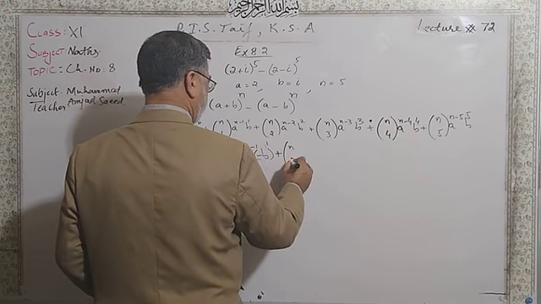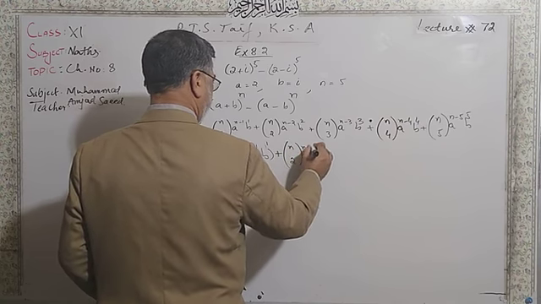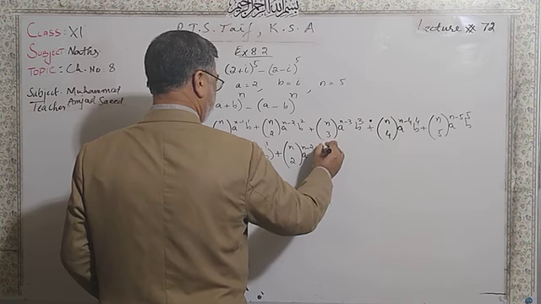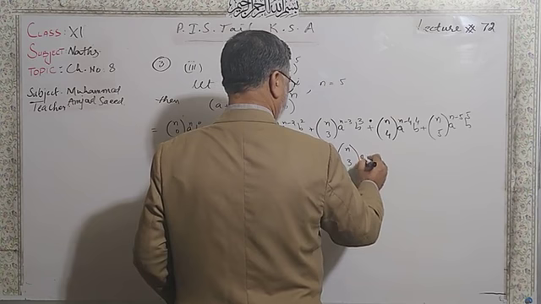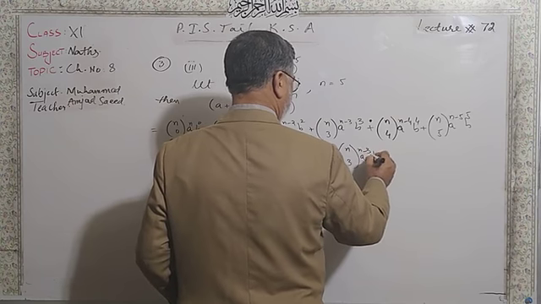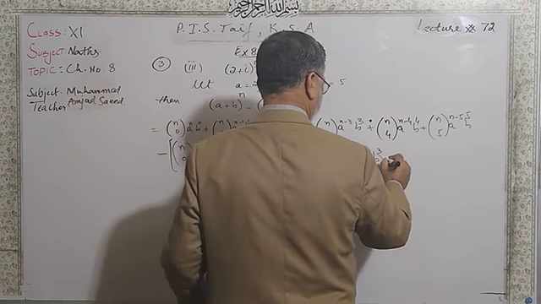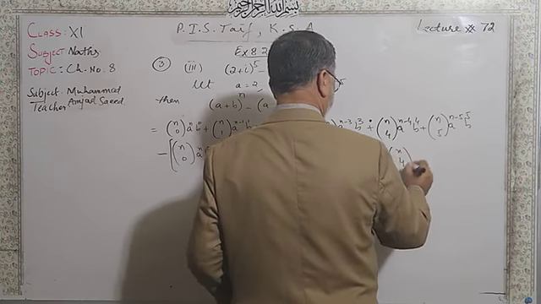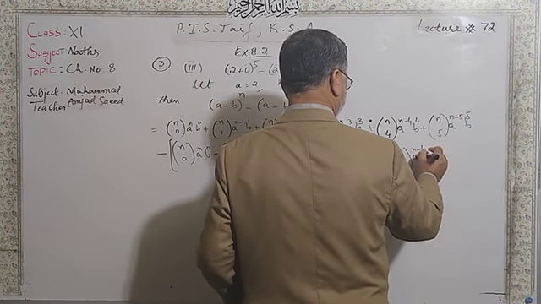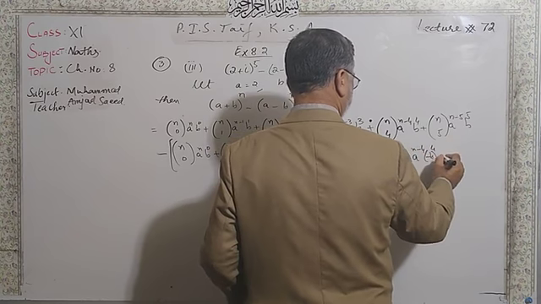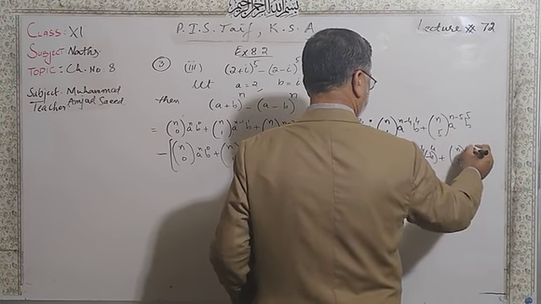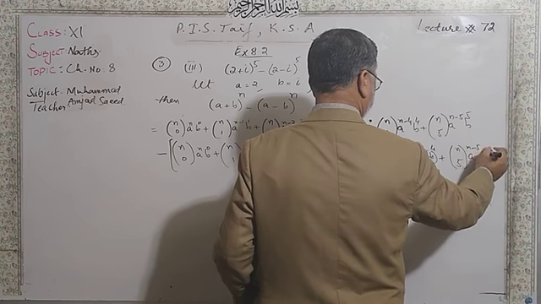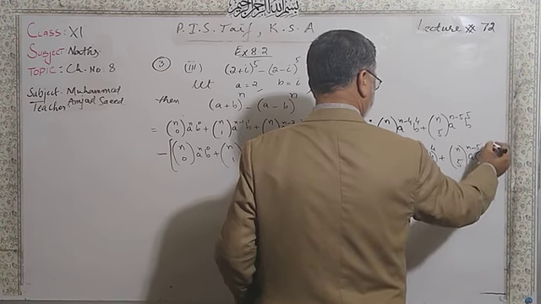Then nC2 a^(n-2) (minus b) power 2, nC3 a^(n-3) (minus b) power 3, nC4 a^(n-4) (minus b) power 4, and nC5 a^(n-5) b^5. This is actually minus b^5.